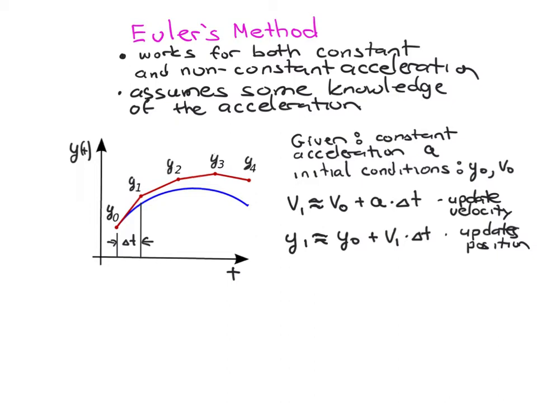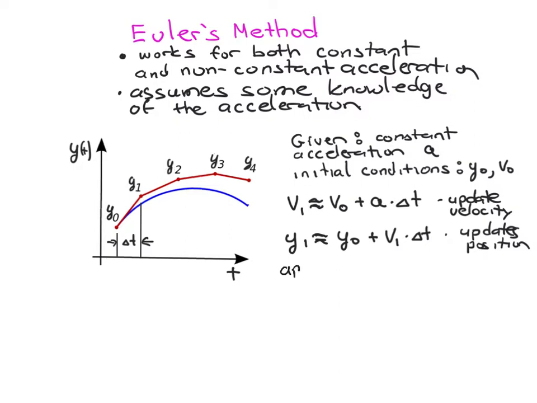But the key point is that as you make this time interval delta t smaller and smaller, you can sort of see that if we had made delta t over here, then the error that we would have made would have been smaller. So this method is going to get, although it's approximate, the approximation is going to get better and better as delta t gets smaller.